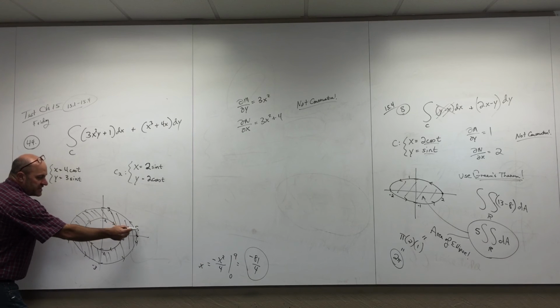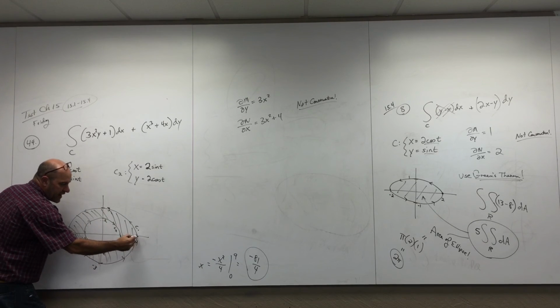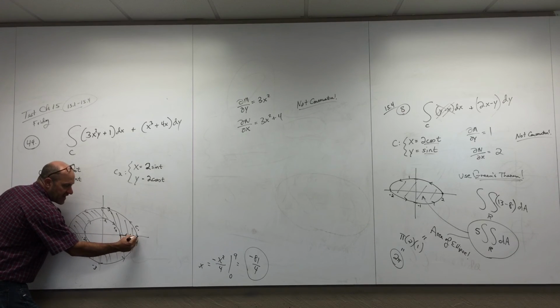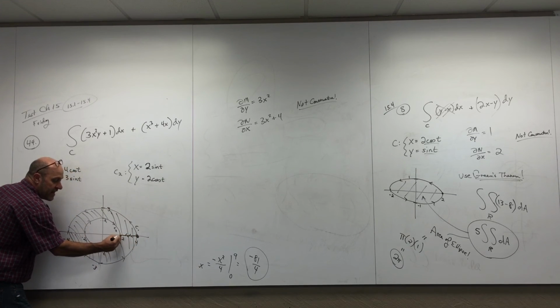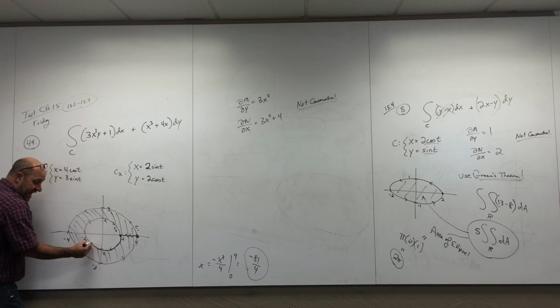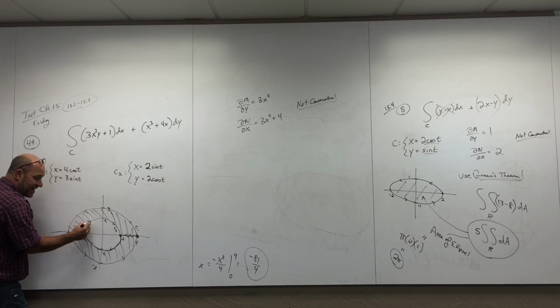C1 is going to go around here, and when it gets back here, it's going to go in here. Remember, I started here. Try to keep that in mind. I started here, I went around, I got here, I came in. Now I want to go around clockwise, actually. Why clockwise?